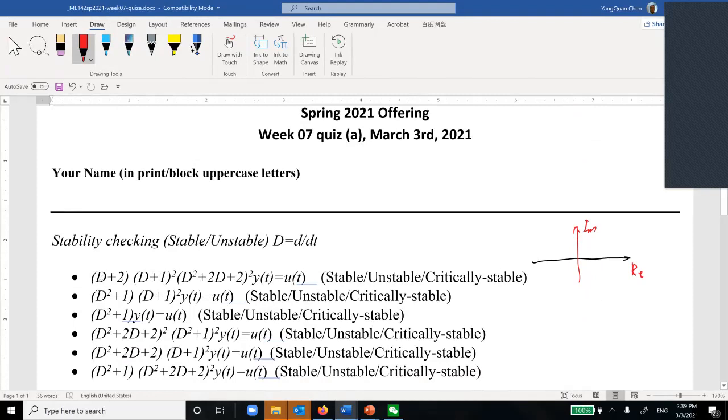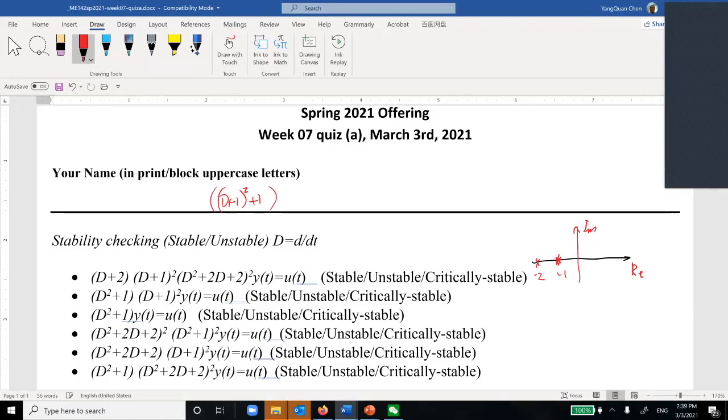You have a -1, -2, and a -1 with multiplicity 2. But what about the squared term? This one can be written as (s plus 1) squared plus 1.